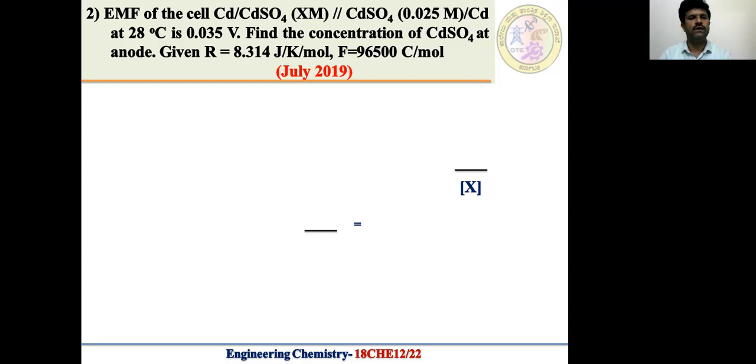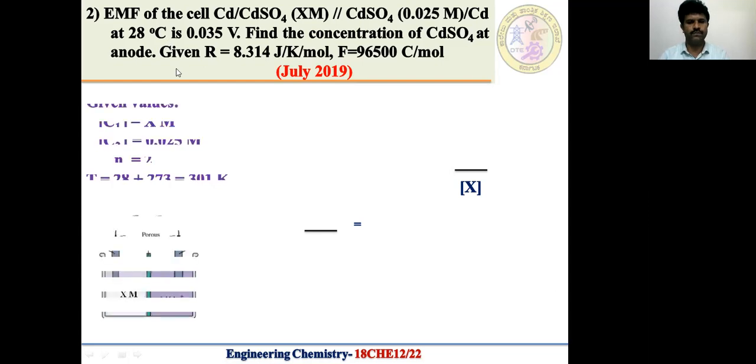The given R is equal to 8.314 joules per Kelvin per mole and F is equal to 96,500 coulombs per mole. In the earlier problem, we identified the concentration of electrolyte at cathode, but in this problem, they asked to find the concentration of electrolyte at anode at 28 degrees Celsius.